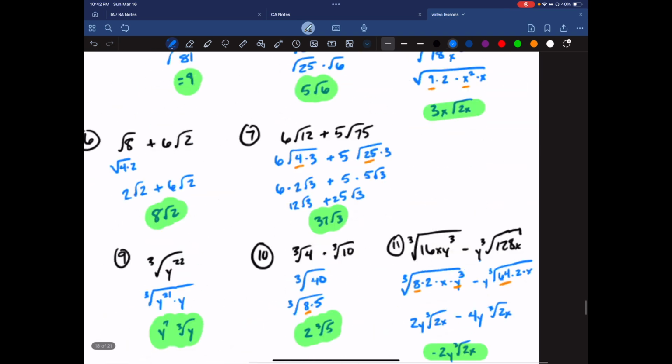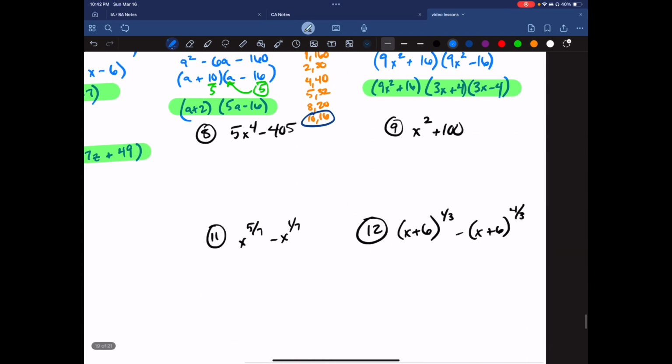Okay, so this is close to something that we can work with. But let me take a 5 out. That's going to give me x to the fourth minus 81. Now, should be a little bit more obvious to you.